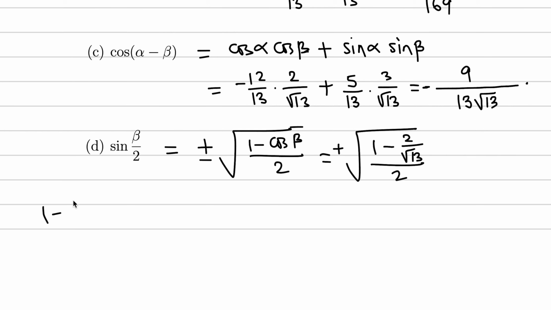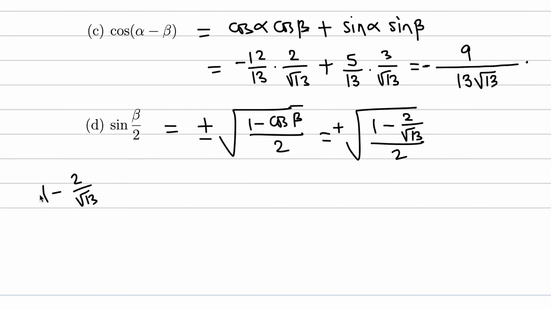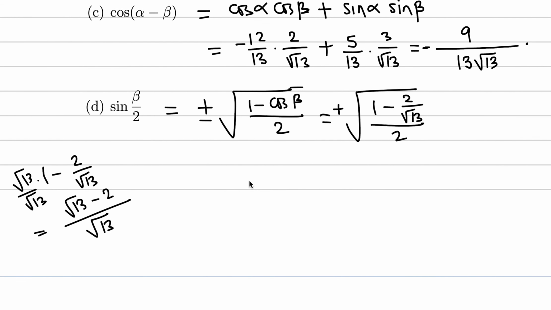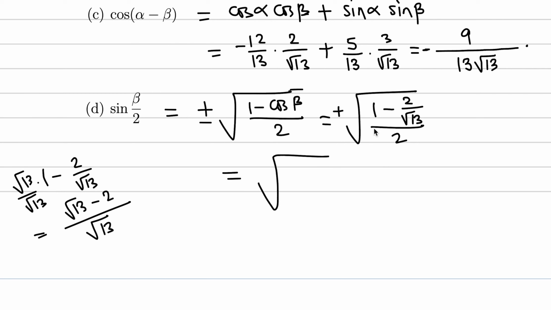So what is 1 minus 2 over root 13 on the top? We need a common denominator, so we multiply by root 13. So this is root 13 minus 2. These are unlike terms, can't combine. This is inside the radical sign. On the top we got root 13 minus 2 over root 13, everything divided by 2.